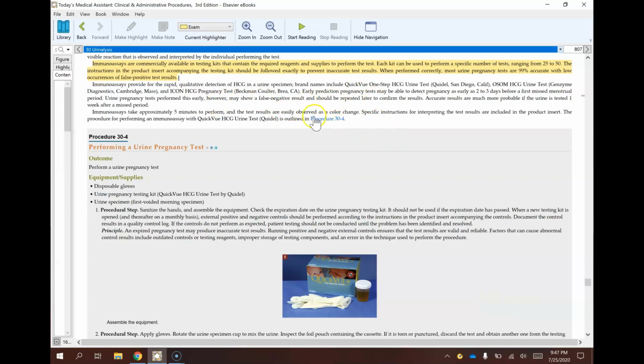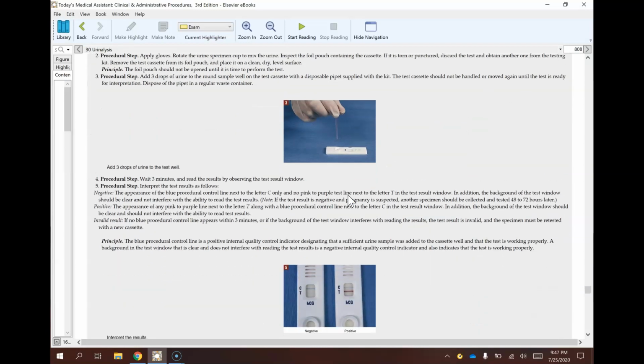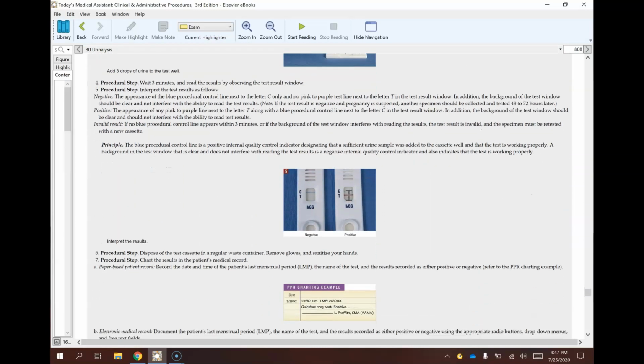Okay, so we use a specific test in different offices. Most common is something called the Quick View. In procedure 30-4, I believe you folks did that this past week, pregnancy test, where you would have a positive depending on the type of kit.